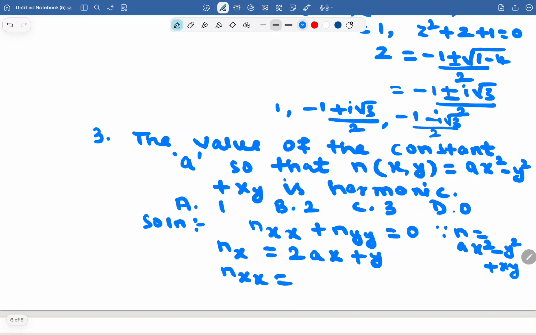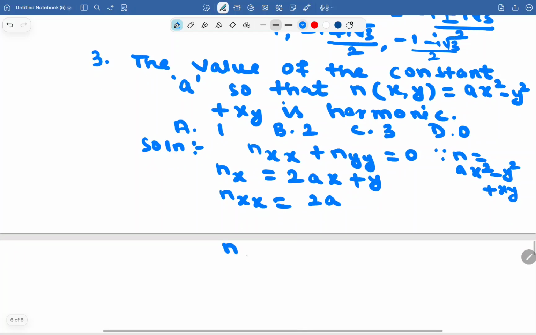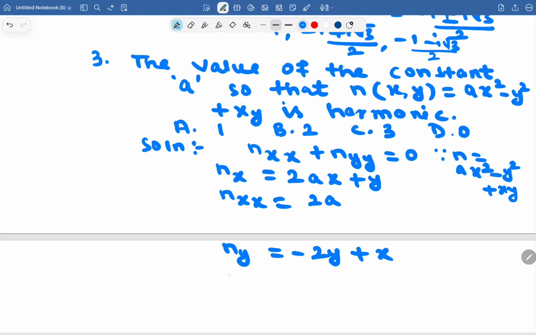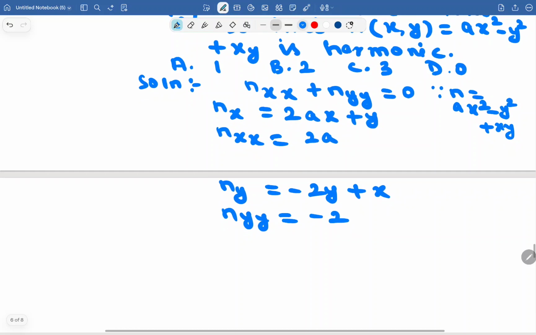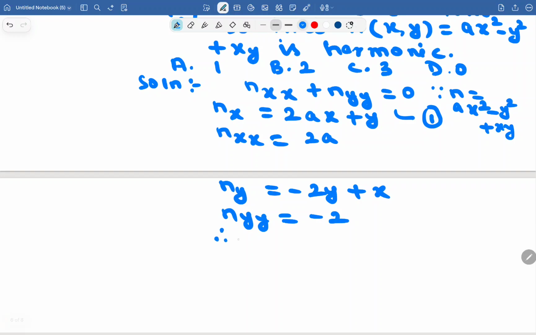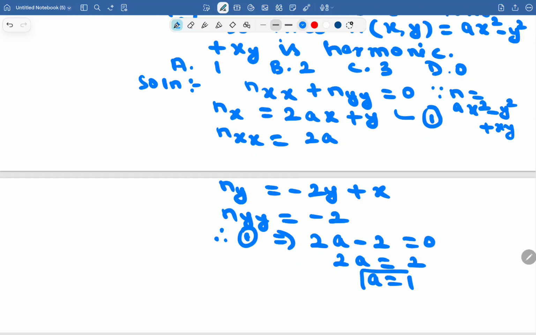Find u xx: 2a. Find u y: minus 2y plus x. Find u yy: minus 2. Substitute the values for u xx plus u yy in 1. Therefore 1 implies 2a minus 2 equal to 0, 2a equal to 2, a equal to 1. For this problem, option A is the correct one.